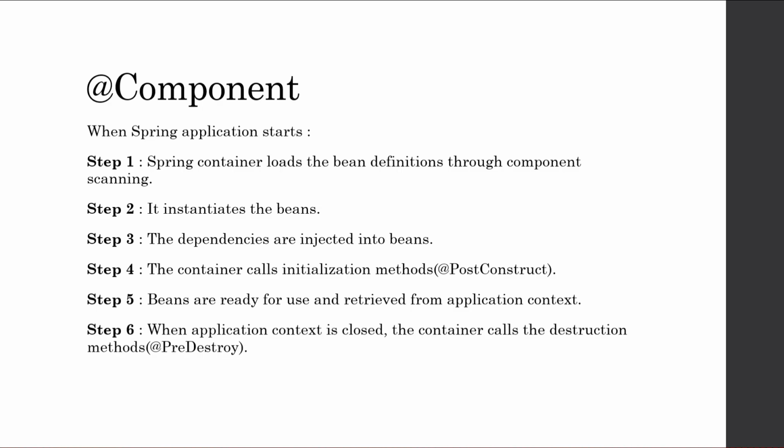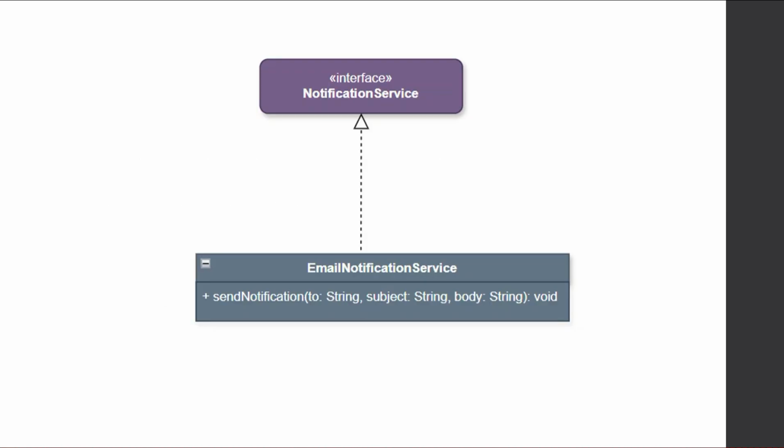In the last step, when the application context is closed, the container calls the destruction methods, and these destruction methods are used to perform the finalization before destroying the beans, and these methods are annotated with the @PreDestroy annotation.